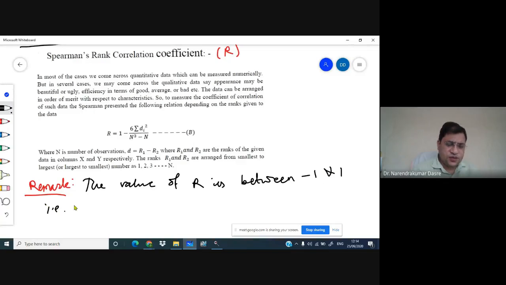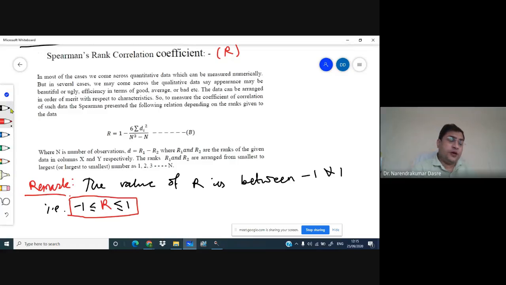Okay, so that is what we have, -1 less than or equal to this capital R, and less than or equal to 1. So this is a very important thing that we need to understand. So the value of this capital R is also in between -1 to 1.